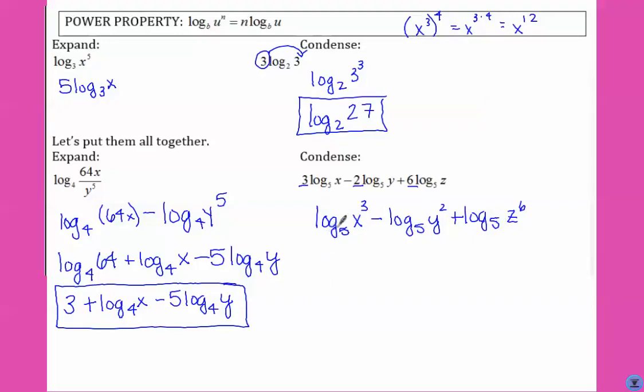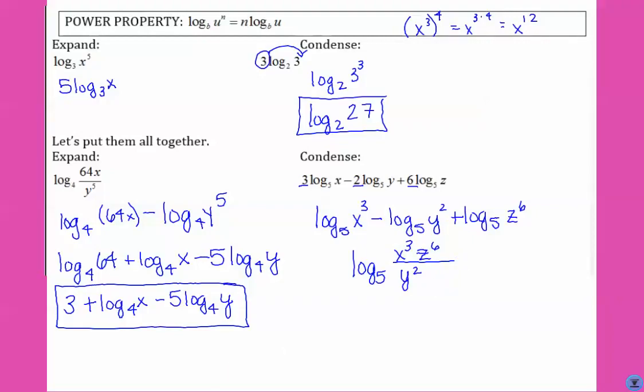All right, next, let's condense it all into 1. We know we're going to have a fraction because we have some minus signs in here. So log base 5 of x cubed. The first thing always goes in the numerator. The second thing goes in the denominator. And then because this is plus, we know that we need to multiply by z to the 6th, so it's going to go on top.